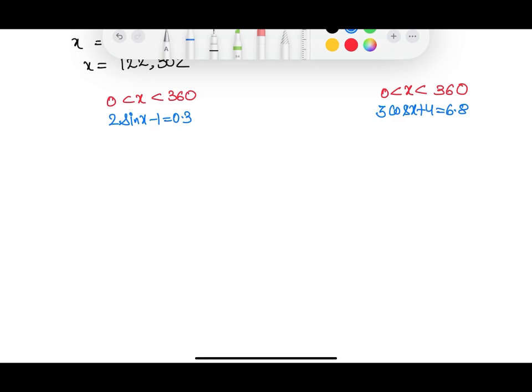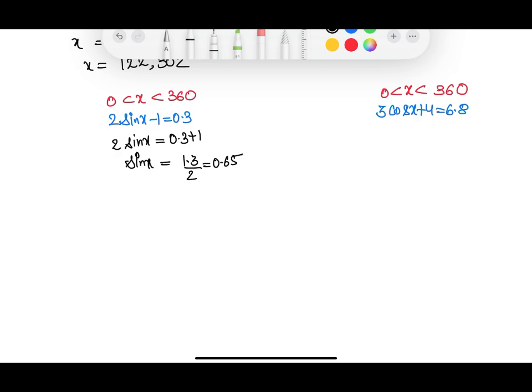Let's do these two first. 2 sine x is equal to 0.3 plus 1, so sine x is 1.3 over 2, which is 0.65.